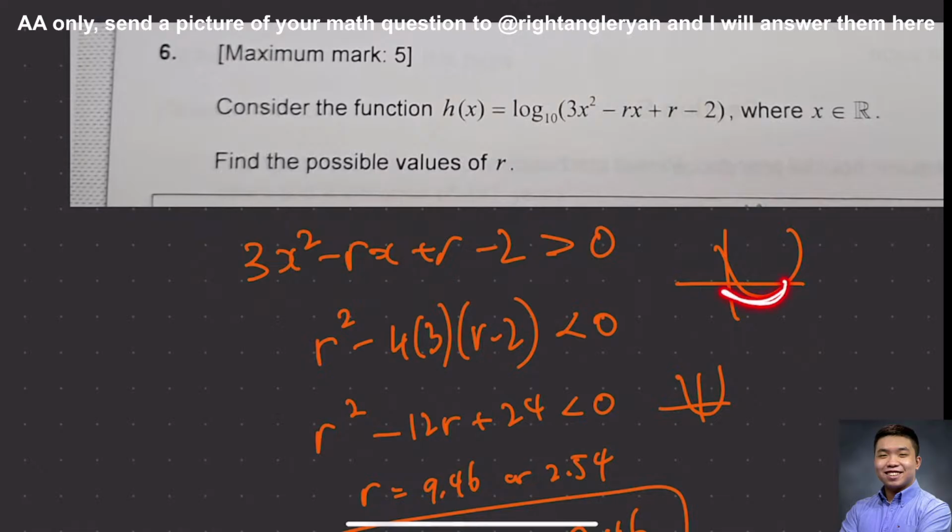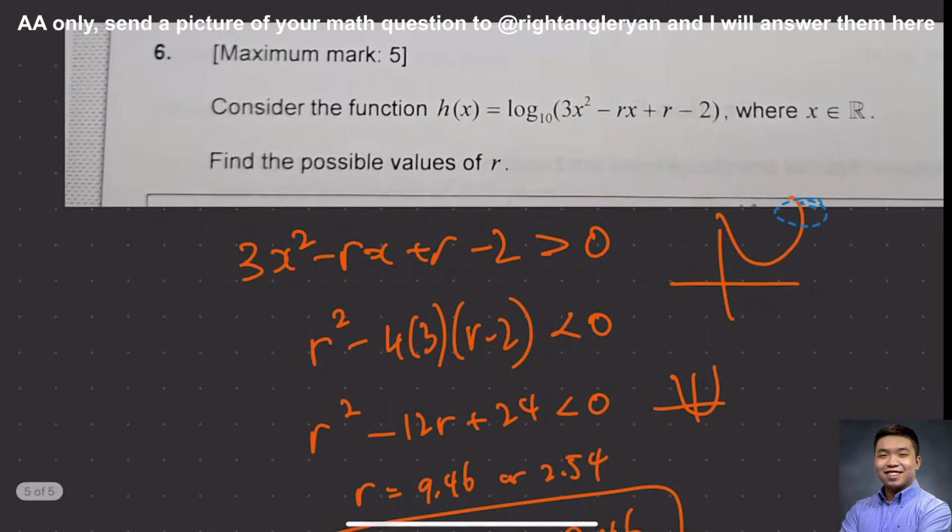If I have values below the x-axis, that means this statement will be false. So I need this entire U-shaped quadratic to be above the x-axis, and then I know that this quadratic will have no solutions.